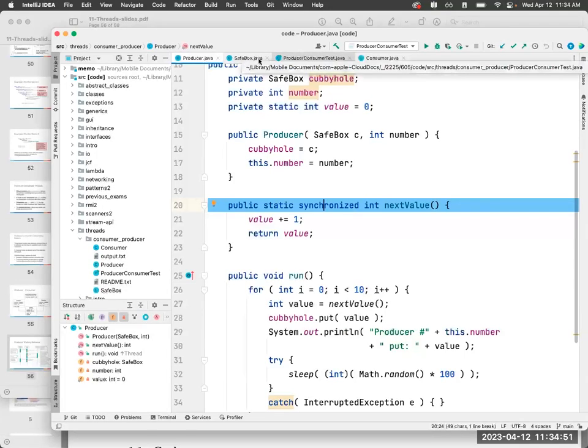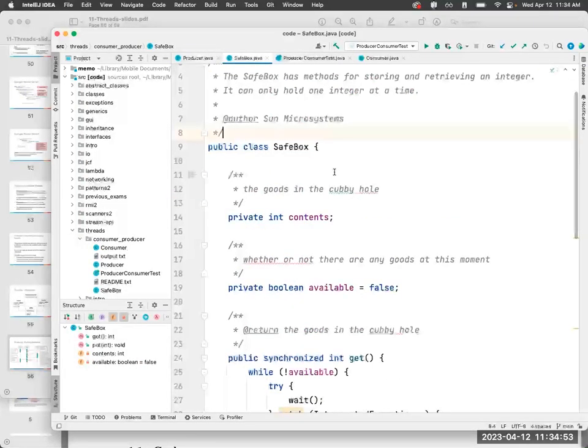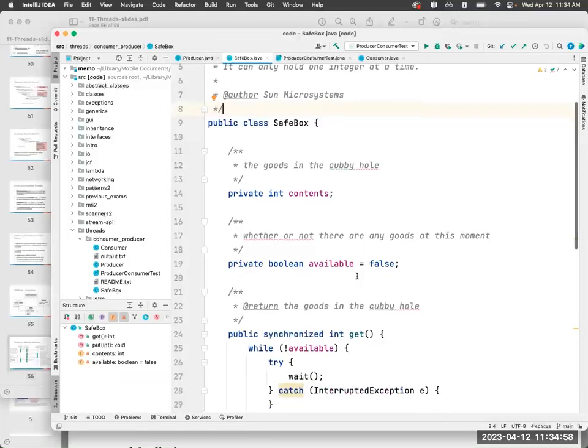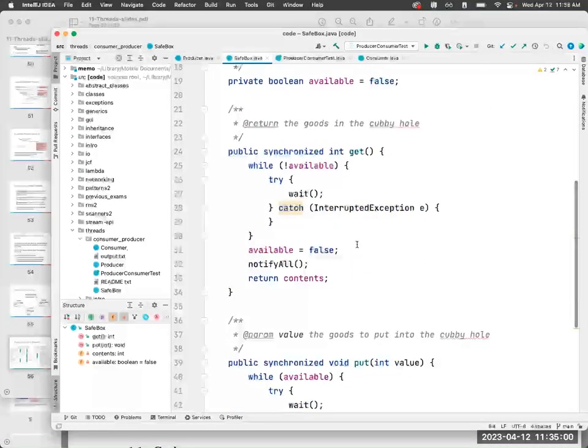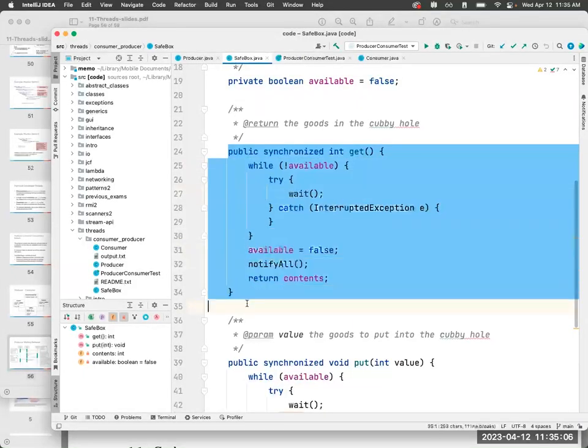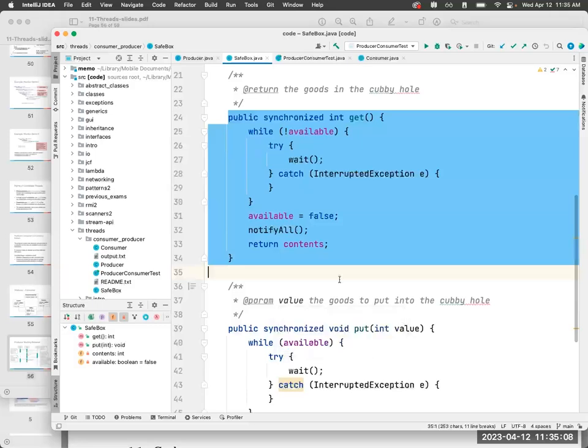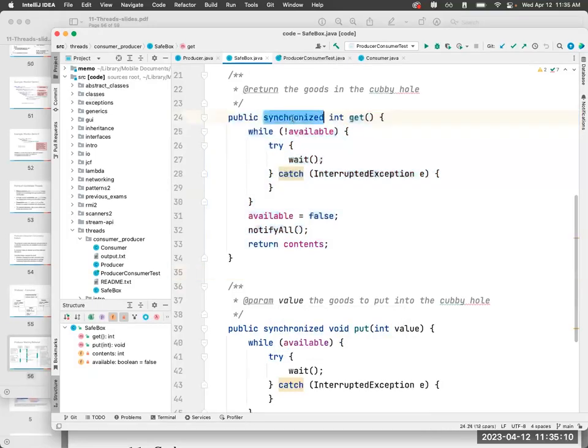So now let's move on to the safe box, the most interesting part of the code. The safe box, as you can probably imagine, is what does the magic of allowing all that to happen. So I have my get and my put methods synchronized. Why?